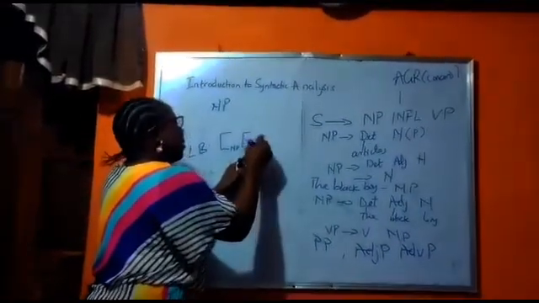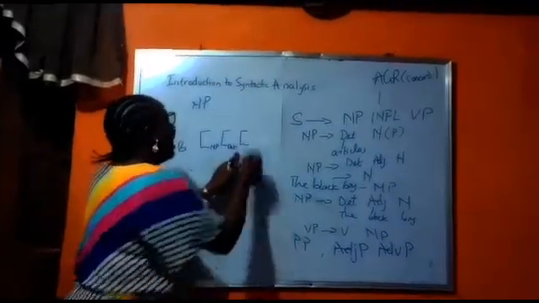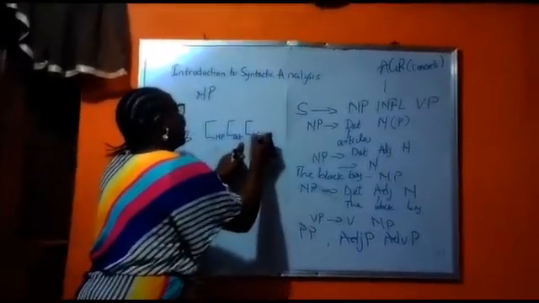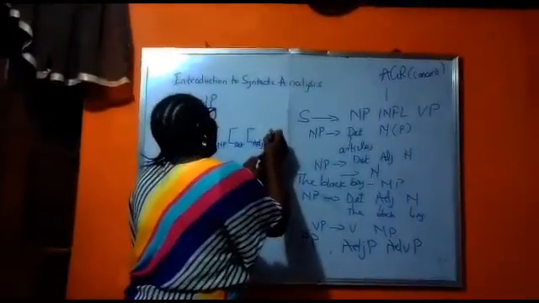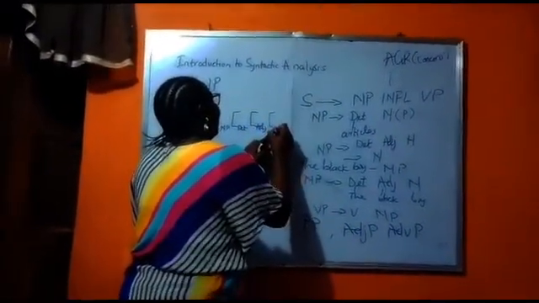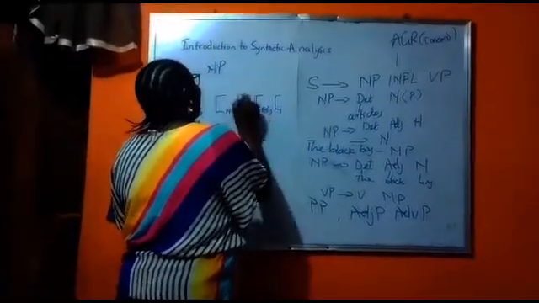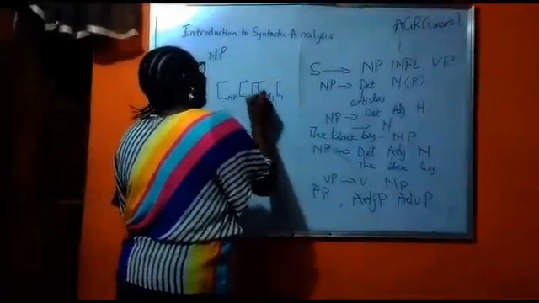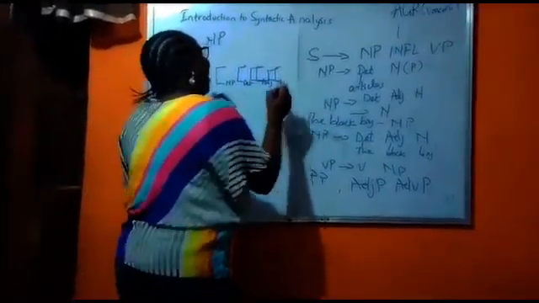Then we should have another one, the black. Then our noun. It should be enclosed in it. This should be enclosed here. And that's our noun.